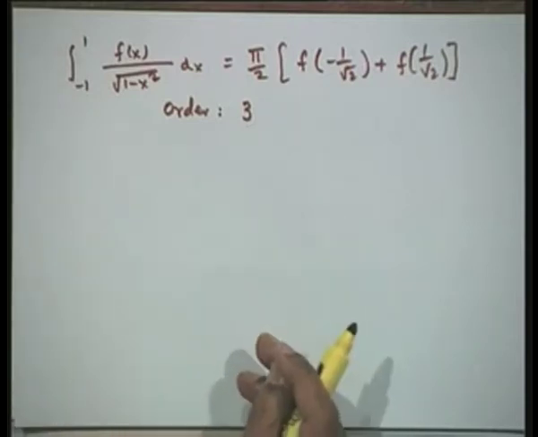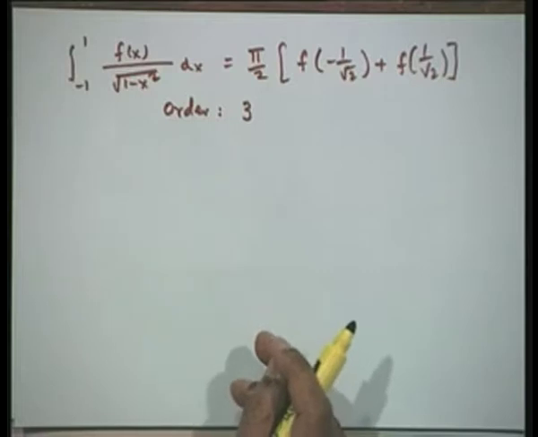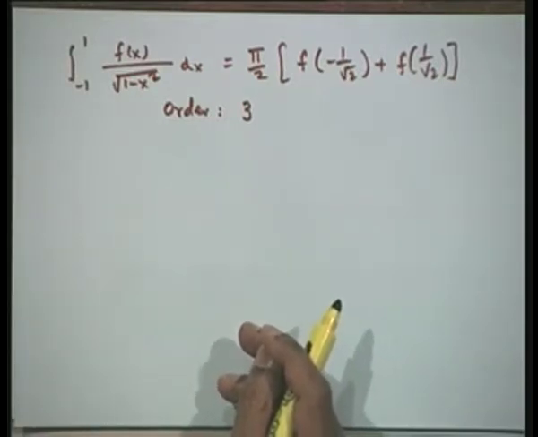The order of the formula is 3. So it is going to integrate exactly polynomials of degree less than or equal to 3. Again we can compare with the Simpson's rule, wherein we have 3 points and they are equispaced points, and here we have relaxed that condition, therefore we are able to get a higher order formula.